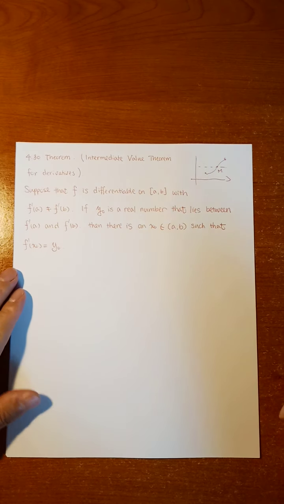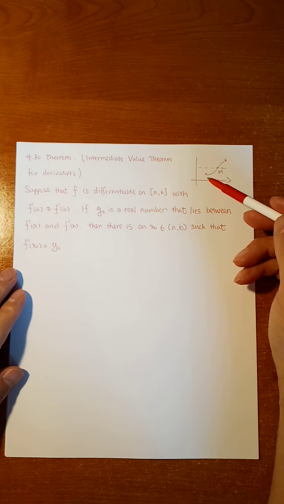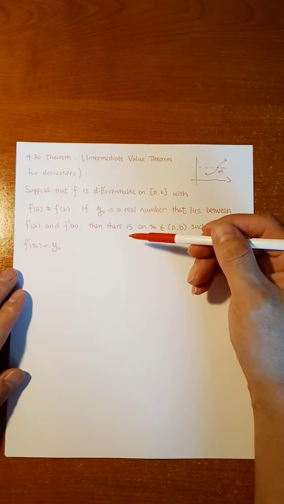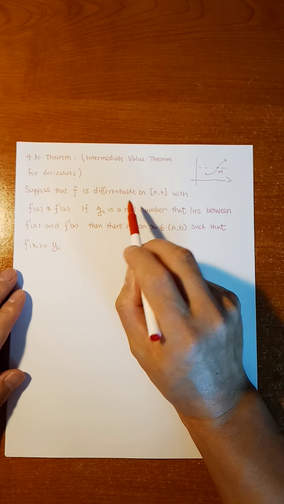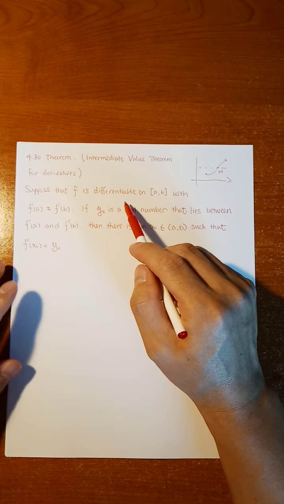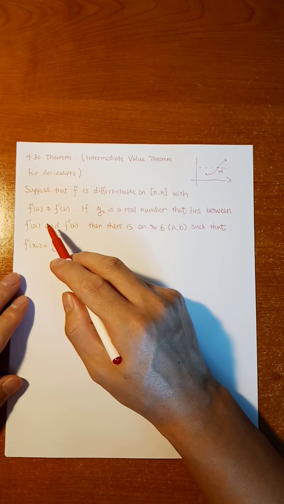So the important difference between the intermediate value theorem for the continuous function and this theorem is that we assume f to be differentiable. Of course, f itself is continuous, but we do not assume f prime to be continuous.